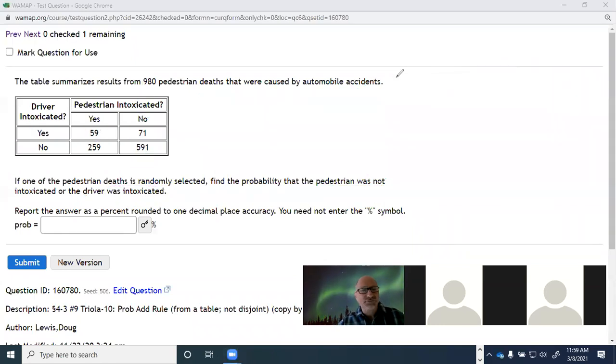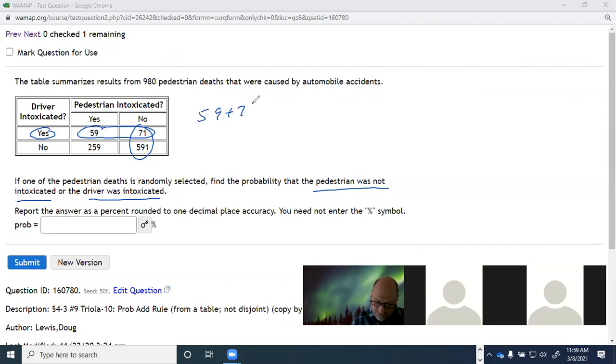Now, quickly, you don't have to use that formula when you've got a table like this. It's also possible just to go through and say, okay, we've got pedestrians not intoxicated and drivers are intoxicated. So the drivers, yes, we would take this row, the pedestrians no would be this column, and you could just go 59 plus 71 plus 591.